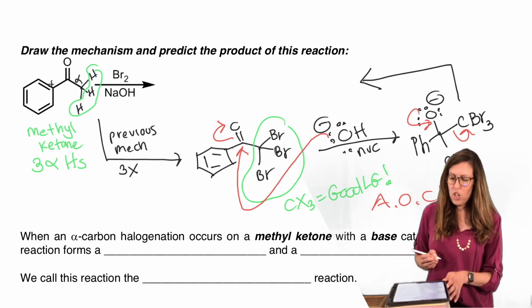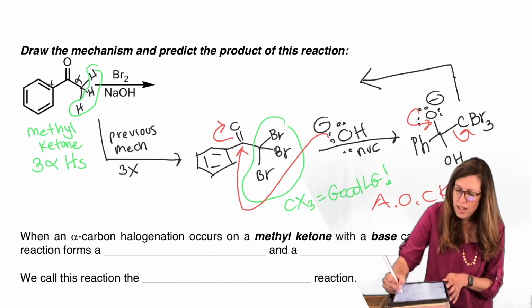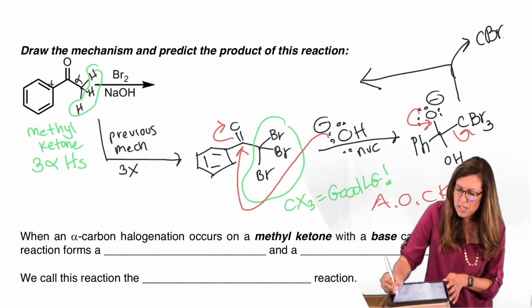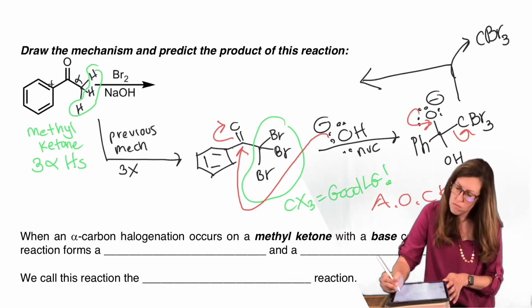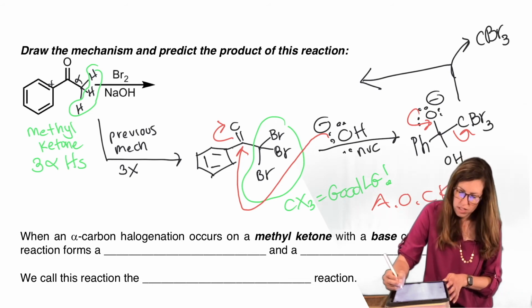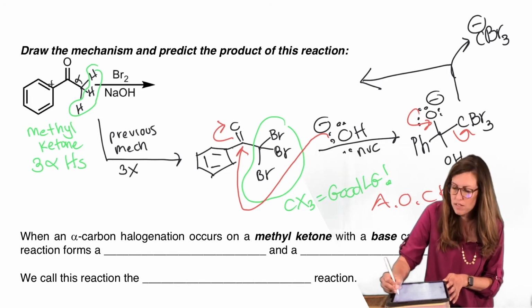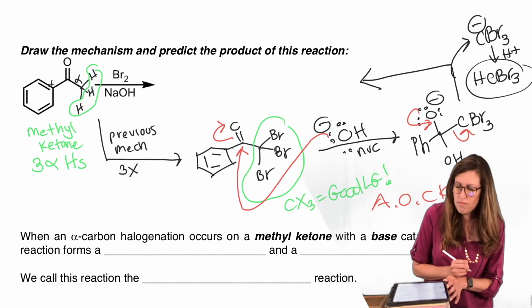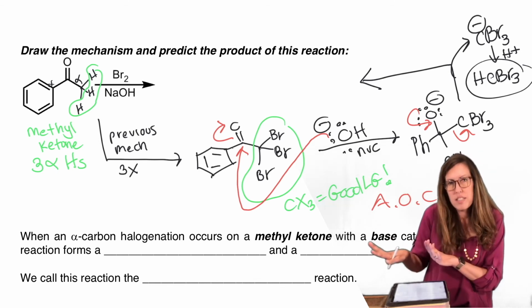All right, so CBr3 comes off as our byproduct. That's a minus right there. And it will add with an H plus eventually, get neutralized to be HCBr3, and that's bromoform. That's, like I said, our byproduct.